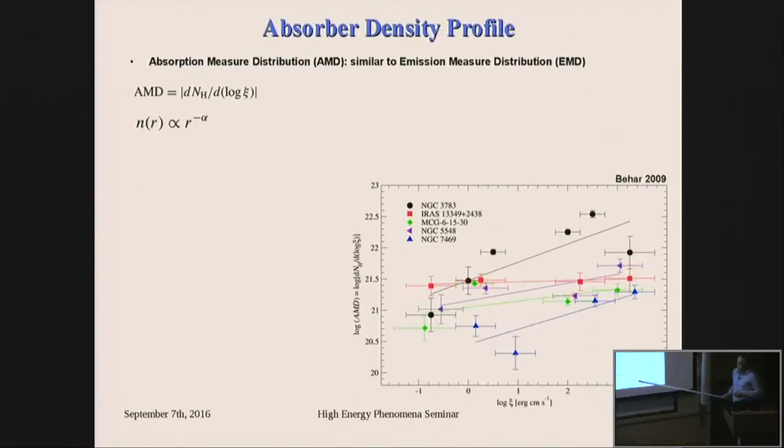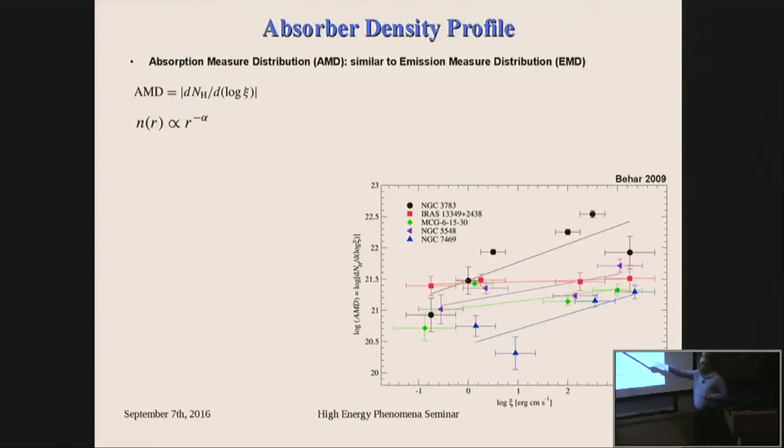Another important parameter in ionized absorbers is the density profile of the ionized absorber. The density profile is usually studied using a method called absorption measure distribution, AMD. This method is similar to emission measure distribution. Absorption measure distribution is defined as a distribution of column density with ionization parameter.